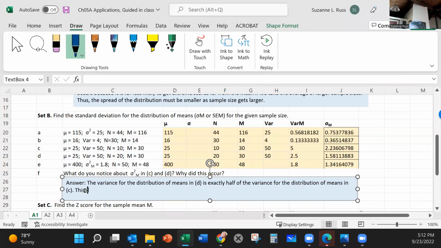This doubling is in the opposite direction of n. Now I'll explain that. N is twice. N in C is half as big as n in D.